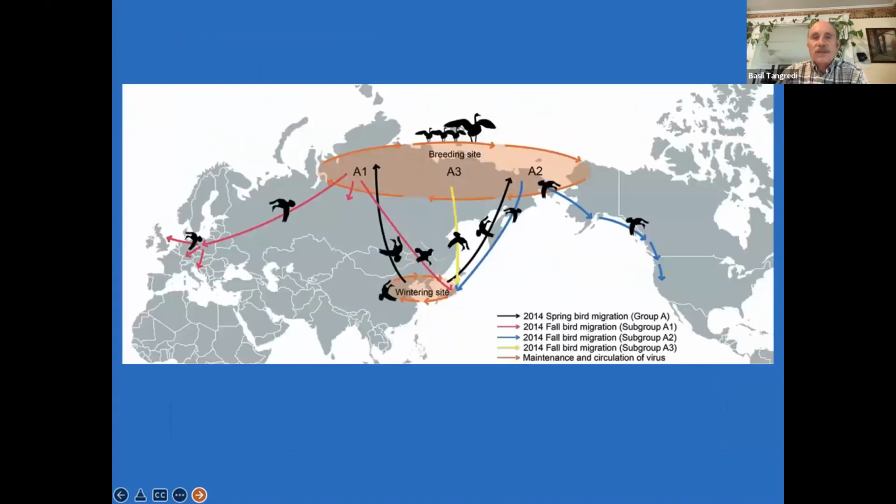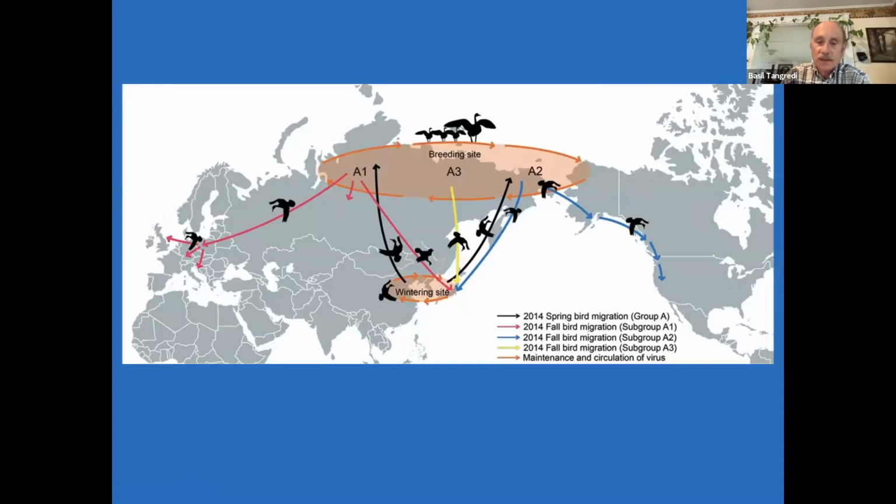The intercontinental spread of avian influenza takes place along this line, but here I'm enlarging it. This is a fairly recent study that I found, enlarging this graphic to include the continent of Europe as well. So here are the wintering sites for these water birds, and we're talking here about ducks and geese and swans, the Anseriformes, and the Charadriiformes, which is the shorebirds, gulls, terns, sandpipers, plovers, those guys.